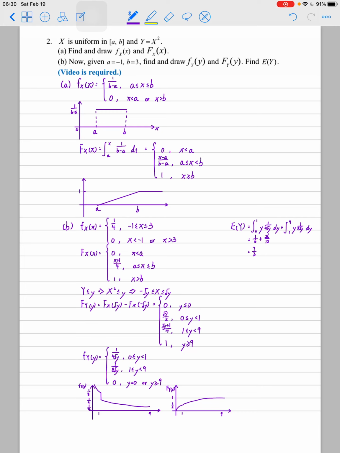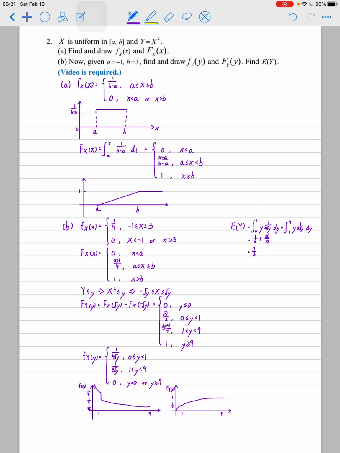For part A, find and draw f_X(x) and F_X(x). So, f_X(x) equals 1 over b minus a when x is larger than a and x is smaller than b. f_X(x) equals 0 when x is smaller than a or x is larger than b.